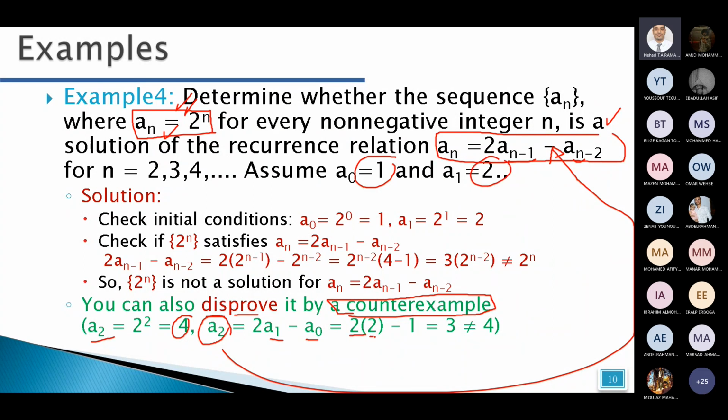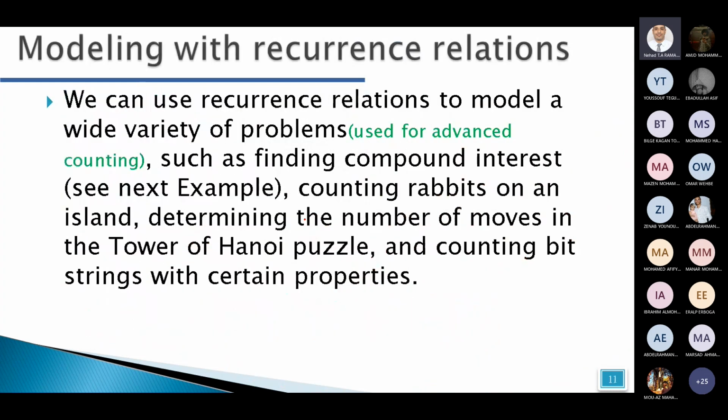So it's 2 multiplied by 2 minus a0, which is 1, so minus 1. 2 multiplied by 2 is 4, minus 1 equals 3. And it's not equal to 4, which we got from the solution. So the solution for term a2 gives us 4, and the recurrence relation for a2 gives us 3. So this sequence is not a solution for the recurrence relation.